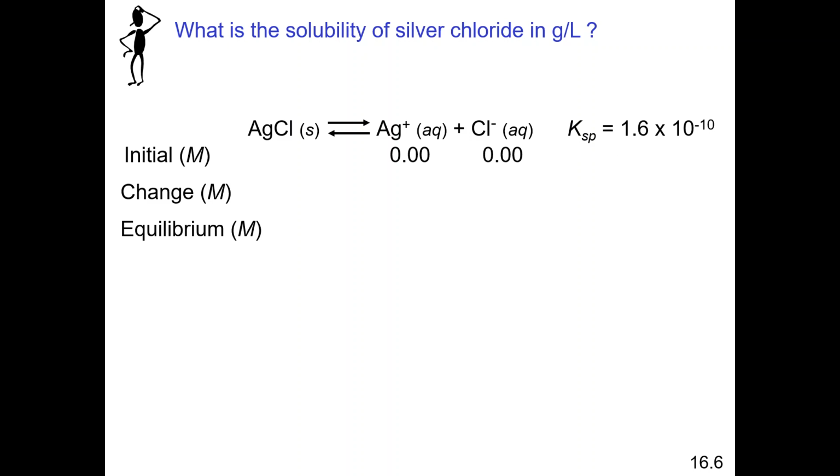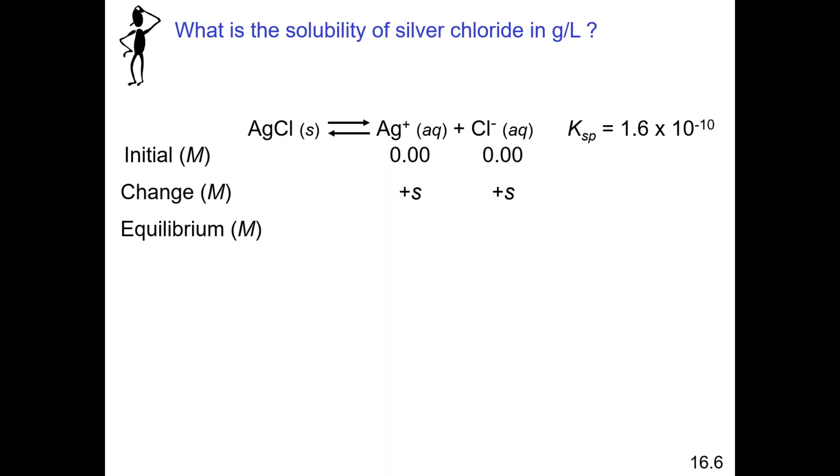However, the change that will occur here is that as you go from the initial state to the equilibrium state, the concentration of silver and chloride will increase. Now, we don't know what that is, but we're going to call it S, right? So the change in the concentration of silver ions is plus S, and the same is true for the chloride.